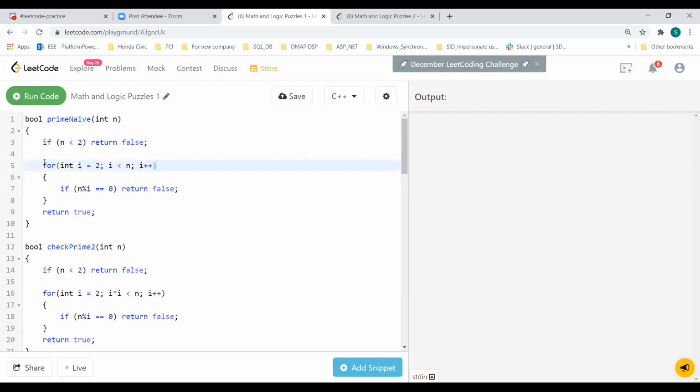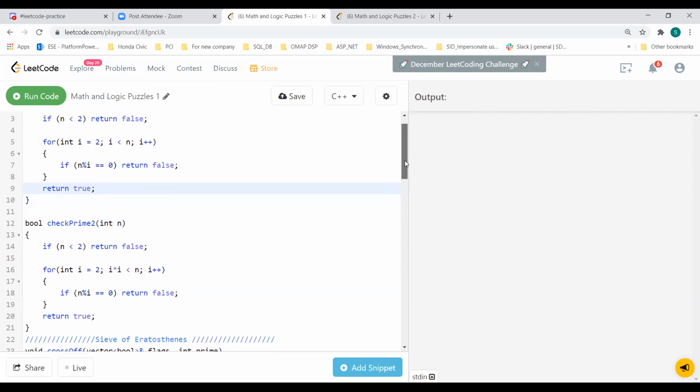Then you start dividing that number by each number from 2 to n. Whenever you see a number that divides it, you return false. So at the end, when you come here, it means that it's not divisible by any number, and therefore it's a prime number.